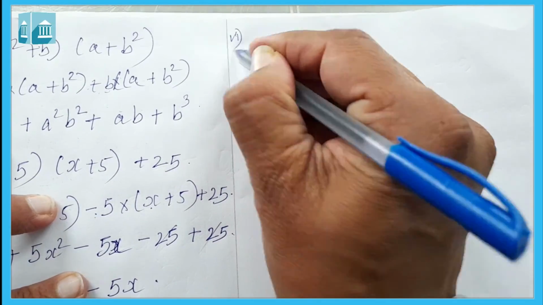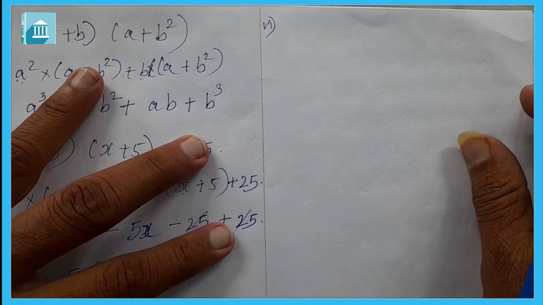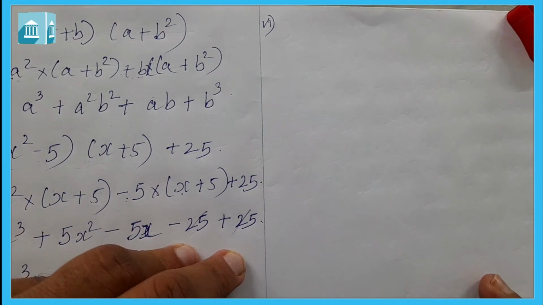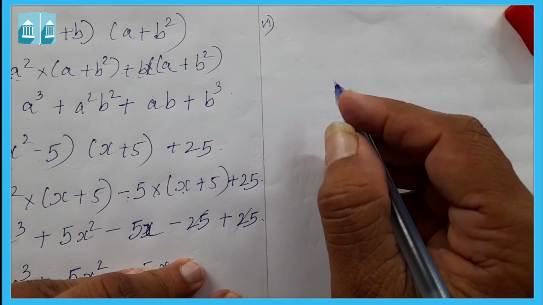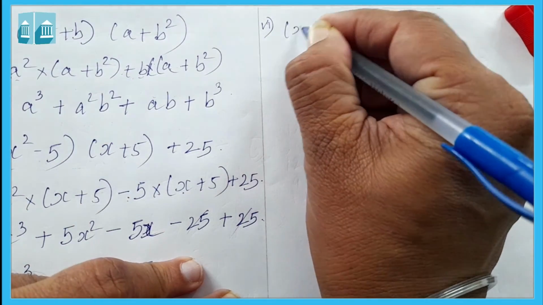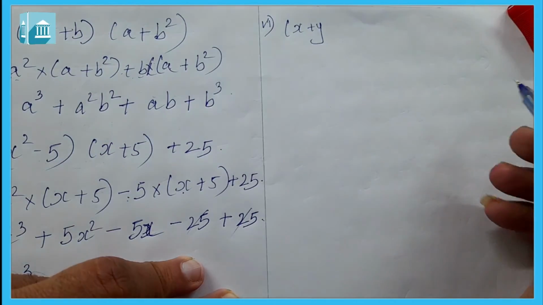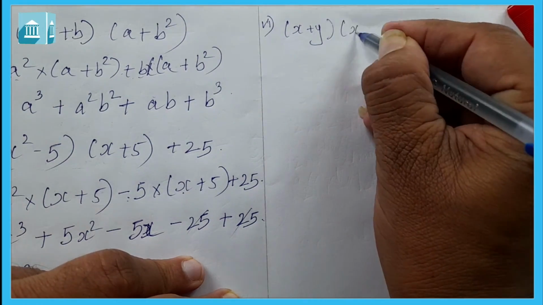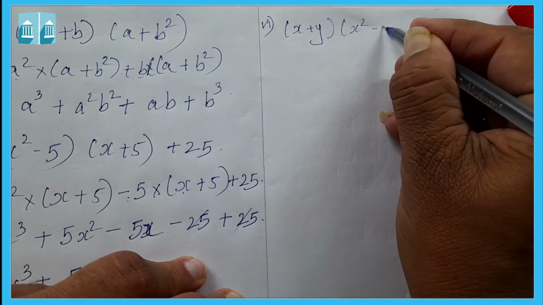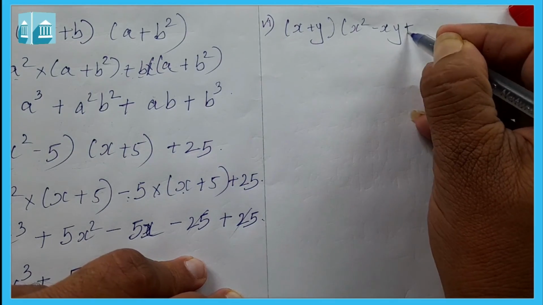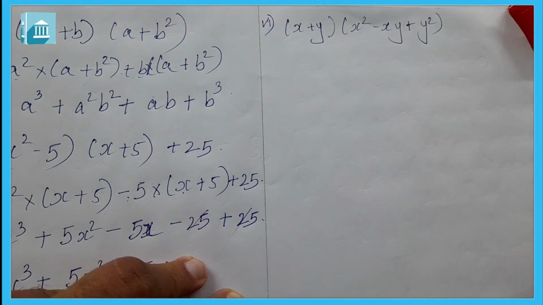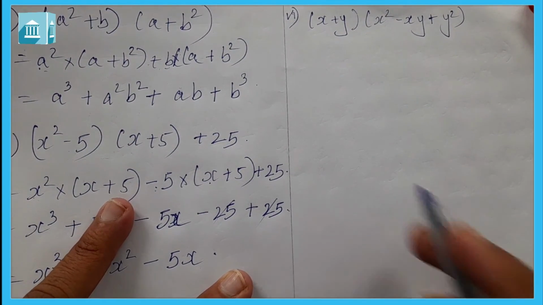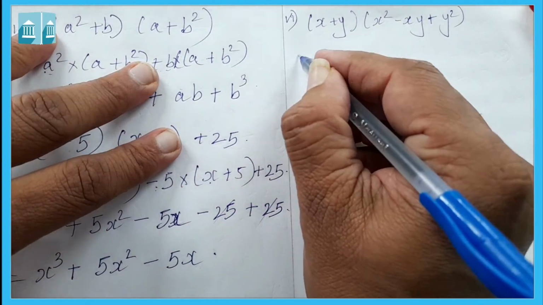Sixth one says that x plus y into x square minus xy plus y square. Now let us begin this.